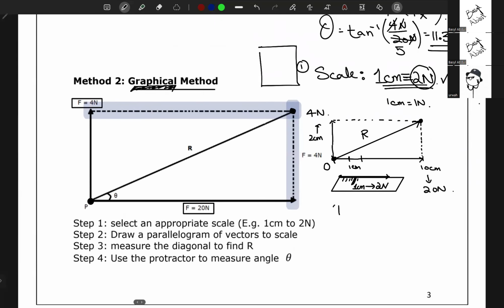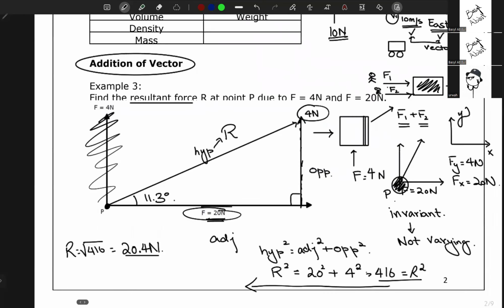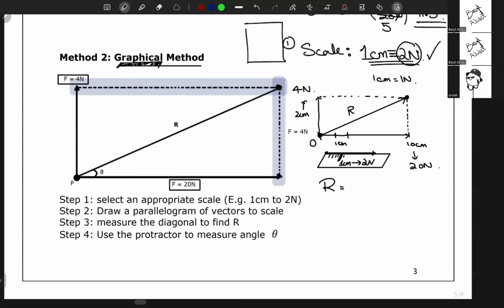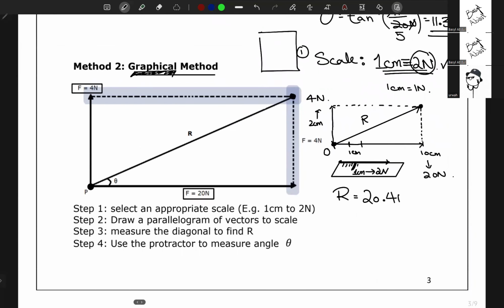Because the problem is the same. It's just another approach to the problem, right? So you'd get, I forgot again, what was it? 20.4 newtons, yeah. 20.4 newtons. And now the question is, how do I measure this angle? Well, that's very simple. You'll use a protractor, and I'm sure that you know how to use a protractor.